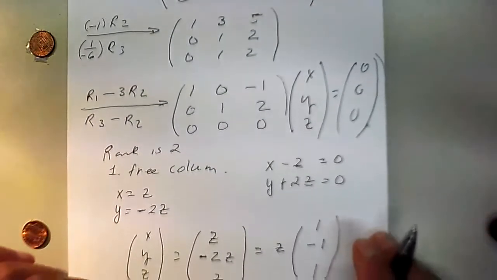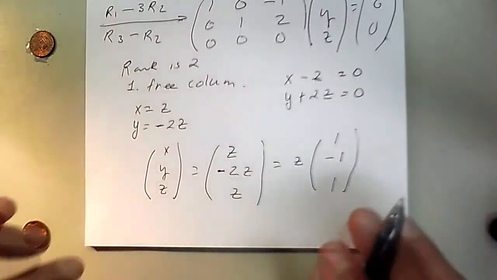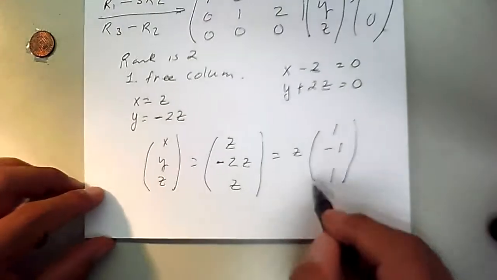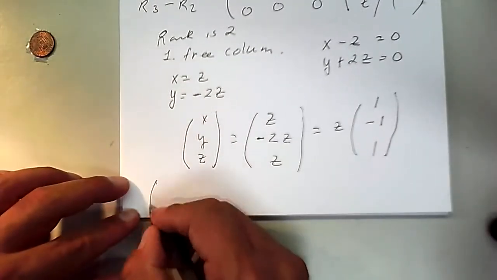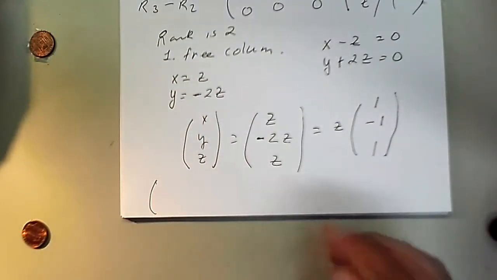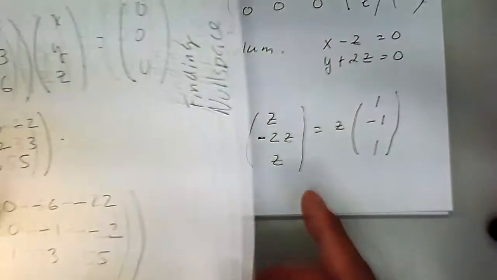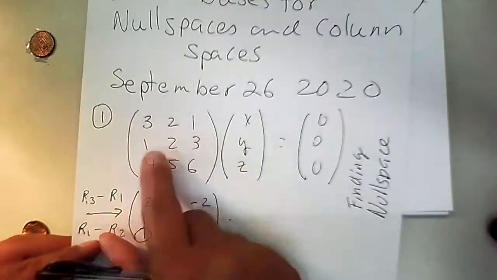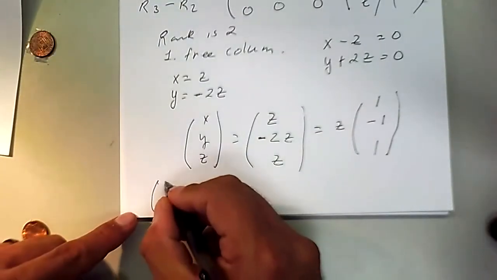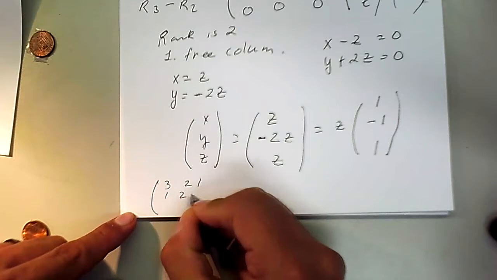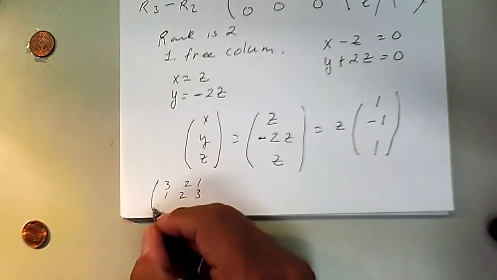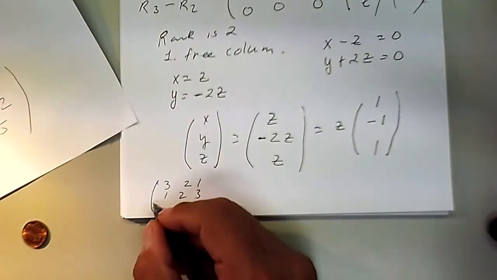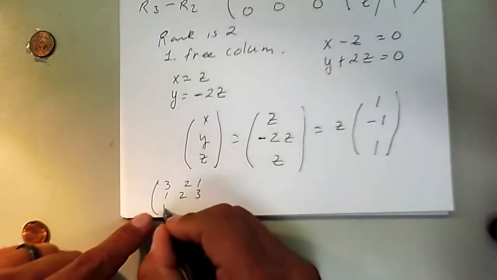Let me double check to convince myself that actually we get 0, 0, 0. Let's write the original problem. The original problem has 3, 2, 1, 1, 2, 3, and 4, 5, 6.